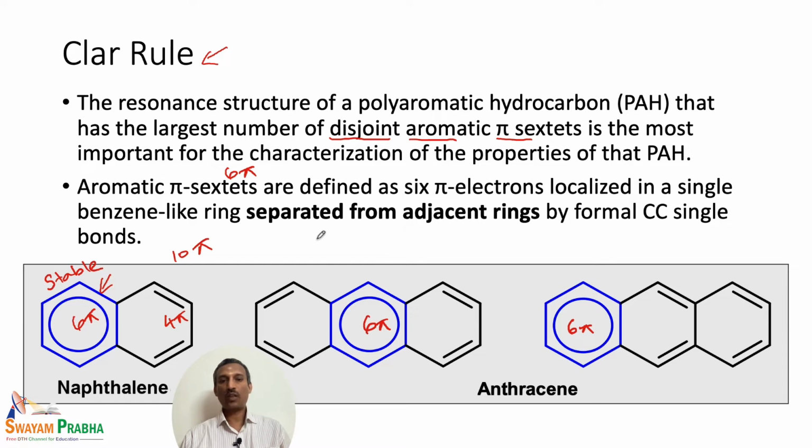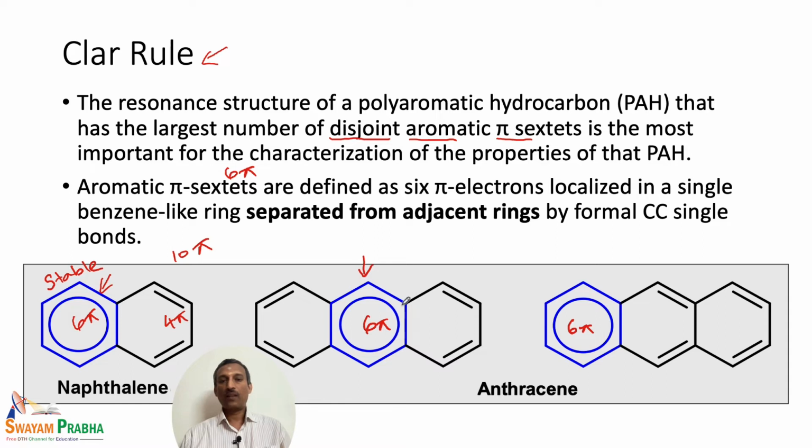According to the Clar rule, we have to find out which benzene rings, because all the polyaromatic hydrocarbons have benzene rings only, have 6 electrons within themselves. One or multiple benzene rings having 6 electrons are called the Clar structure rings.